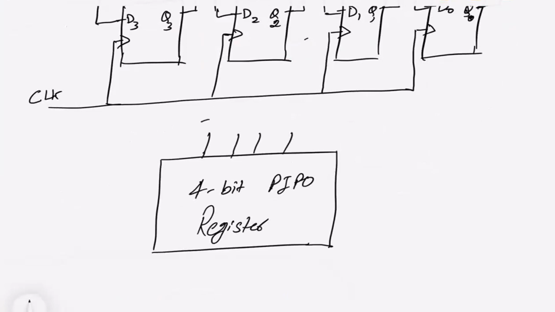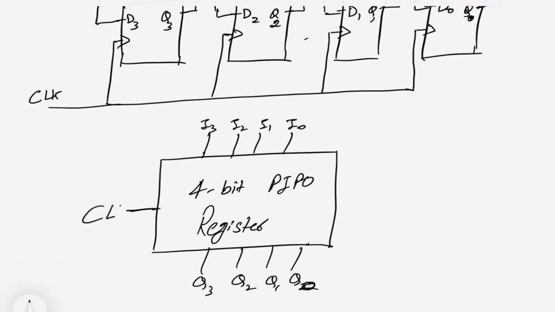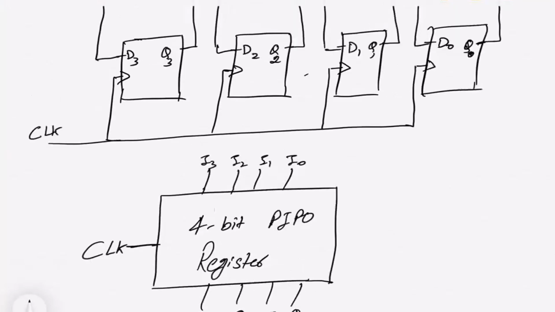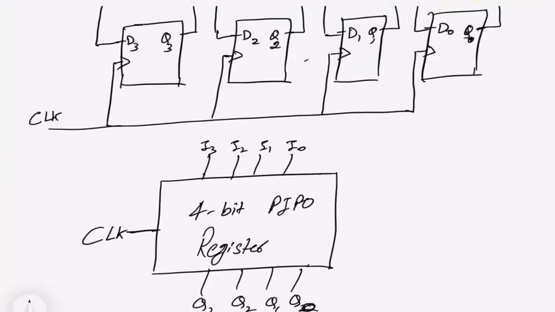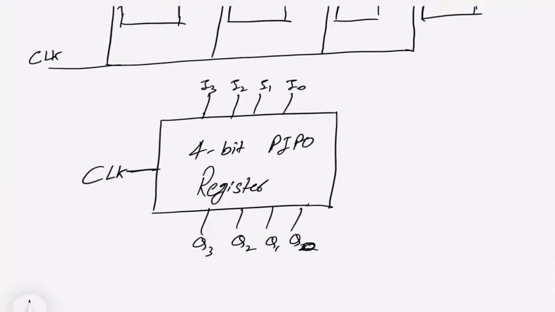It is I3, I2, I1 and I0, and it is having 4 output, that is Q3, Q2, Q1 and Q0, and it is having 1 port where we can apply clock pulse. So this is the overall layout or block diagram of 4-bit parallel input, parallel output based register.